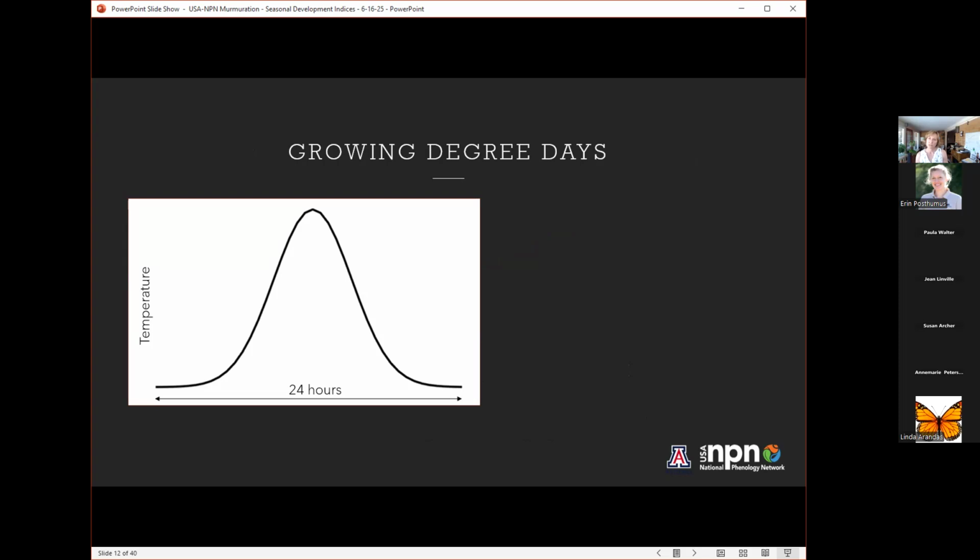So there is this concept referred to as growing degree days that is invoked quite a bit in agriculture and insect pest management and other predictive phenology applications, especially in temperate and boreal systems where temperature is the most important variable for predicting when things occur.